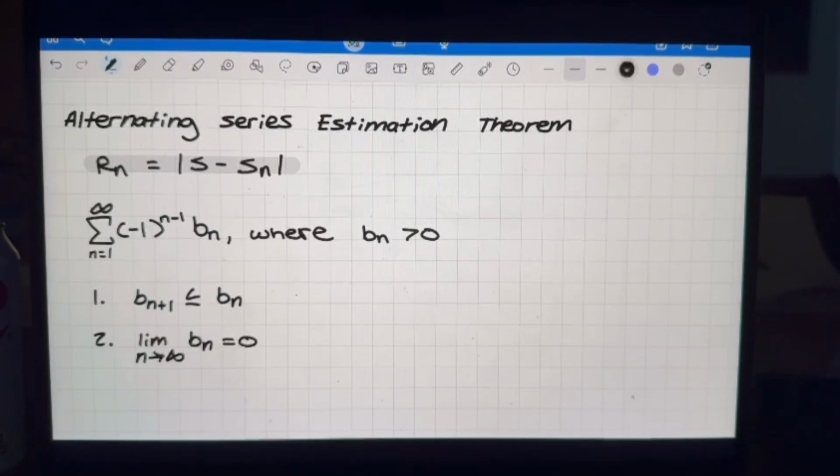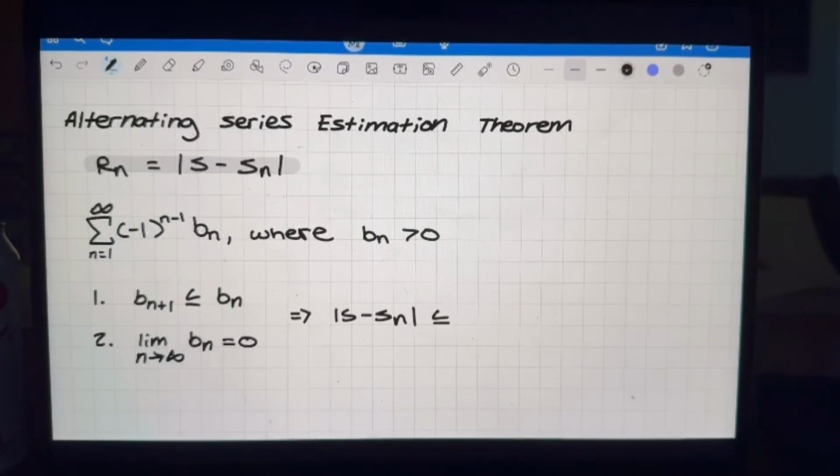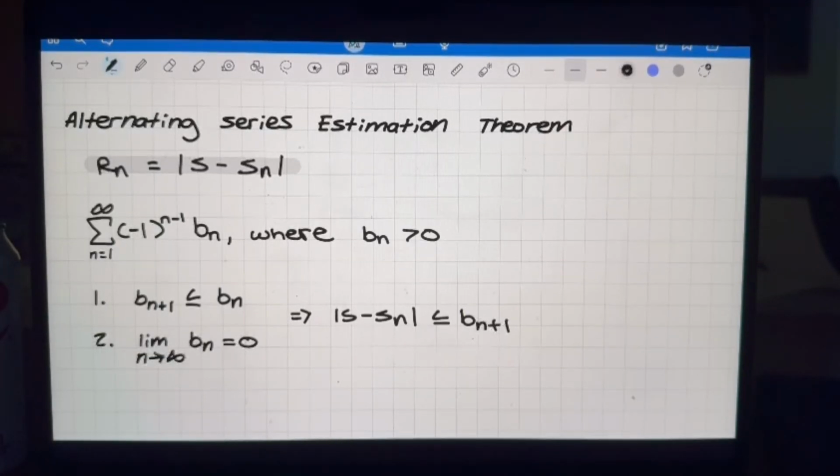If both conditions are met, the series converges, and the absolute error when using the nth partial sum satisfies this statement: the absolute value of S minus S sub n must be less than or equal to B sub n plus 1. This means that the magnitude of the error is no greater than the absolute value of the first omitted term, often referred to as the first neglected term.